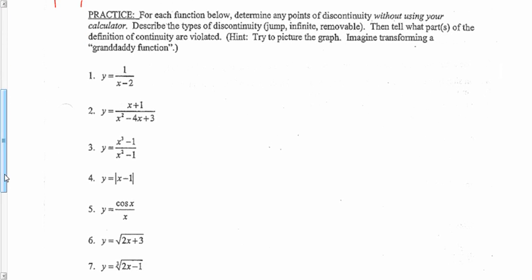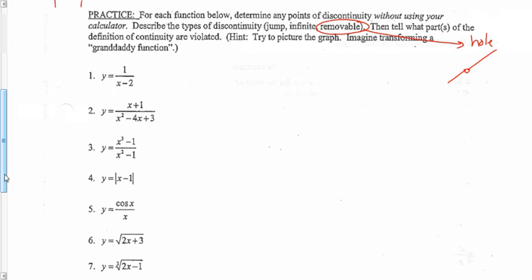So we're not going to touch calculator here. We just want to know if we have any points of discontinuity and then describe them as a jump, infinite, or removable. So your removable, that's going to be where you just have a hole in the graph. That's usually when we have something where you can factor the denominator out.